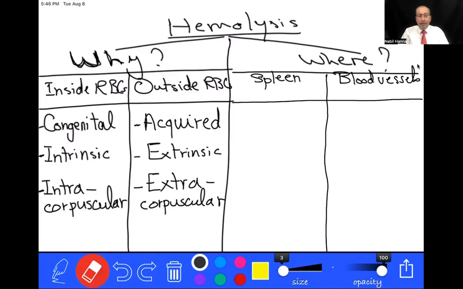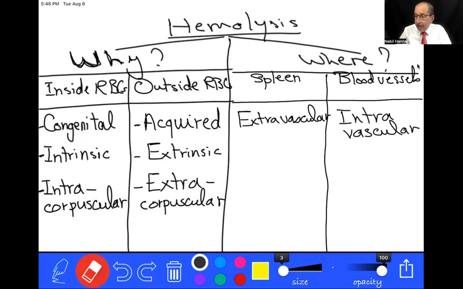Most of the time red blood cells hemolyze inside the spleen, but sometimes they hemolyze inside blood vessels. When hemolysis occurs inside blood vessels, we call it intravascular. And when hemolysis occurs in the spleen, we call it extravascular. So in the spleen, extravascular. In blood vessels, intravascular.